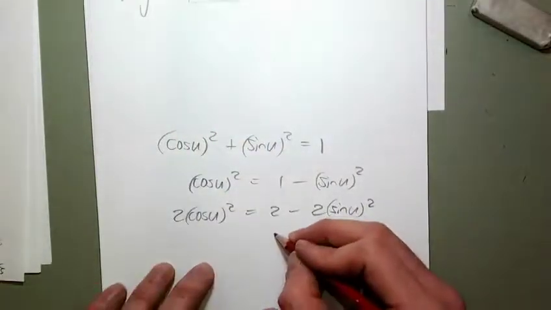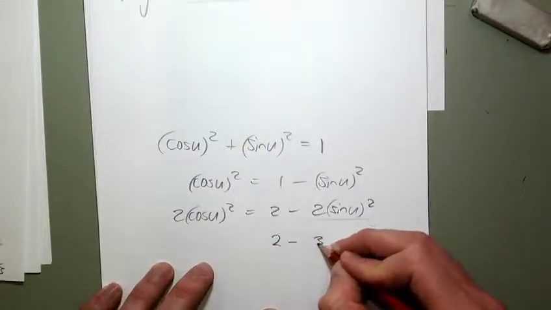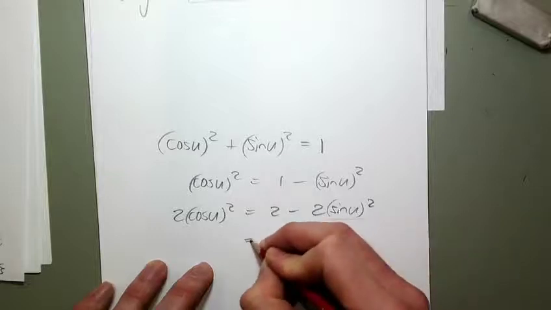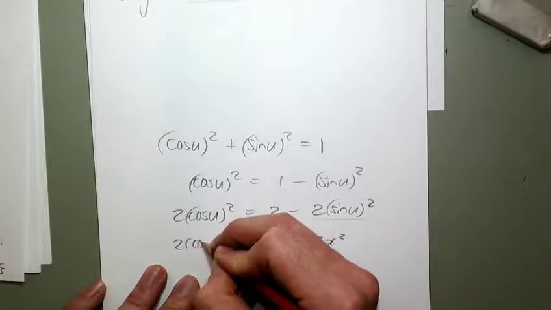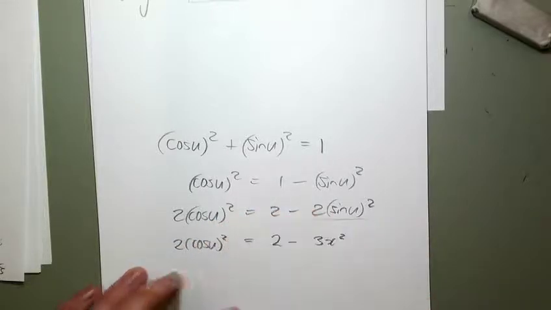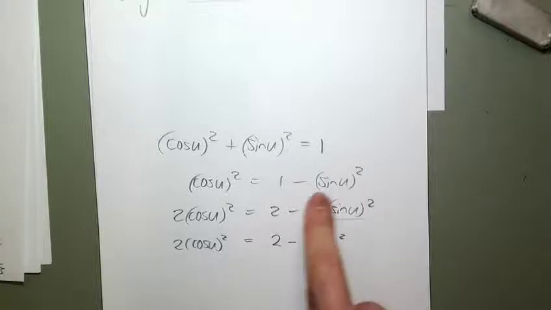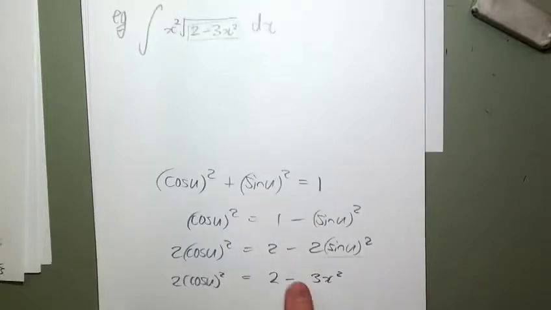Because then 2 minus 3x squared will be 2 cos u squared. This is what I would like to happen. I would like this to be equal to 3x squared so that when I get my 2 minus 3x squared, it becomes a 2 cos u squared, and I can do the square root and the square will disappear.